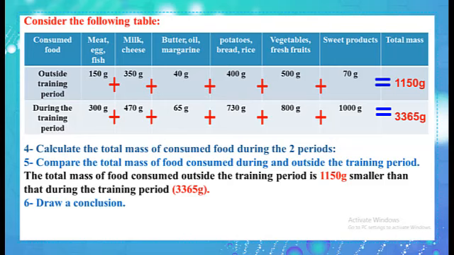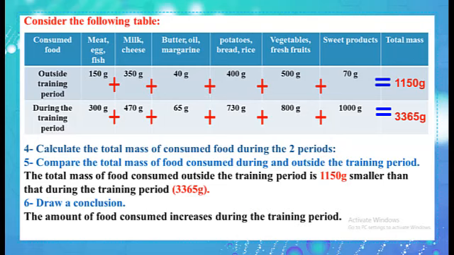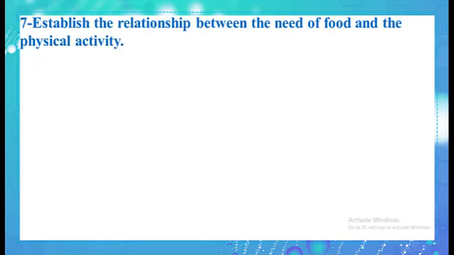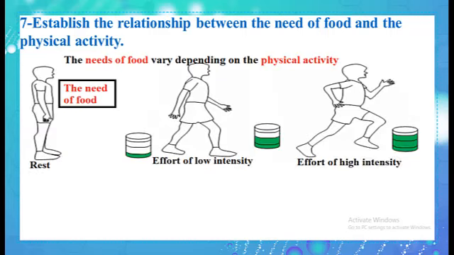Our conclusion should depend on the comparison that we did in number 5. So our conclusion is the amount of food consumed increases during the training period. Number 7 now. Establish the relationship between the need of food and the physical activity. So as you can see here, at rest, the need of food is very low.